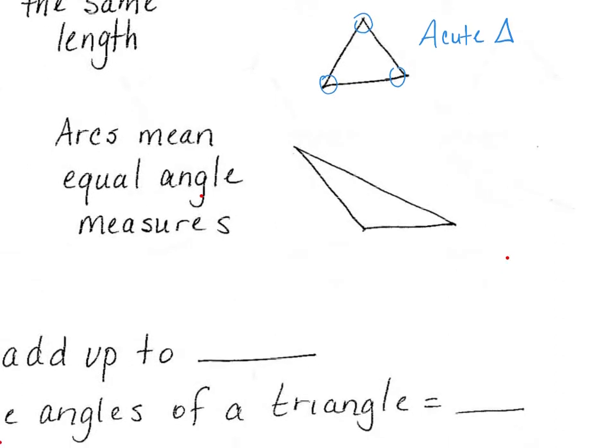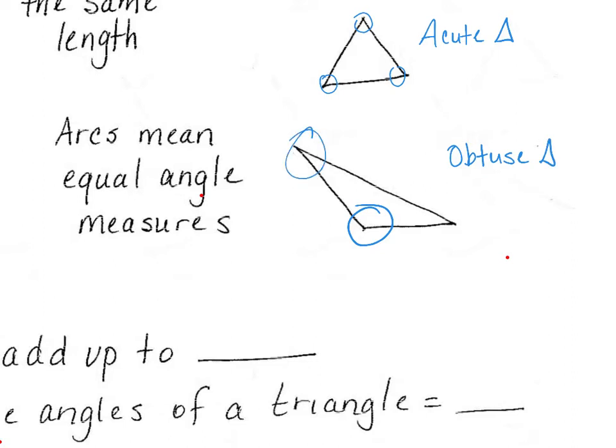Look at the next one. Jaden. It is. See, he said that's greater than 90, so it's an obtuse triangle. Now, here's the thing. You say, but Mrs. Bowen, these are still acute. These two right here.